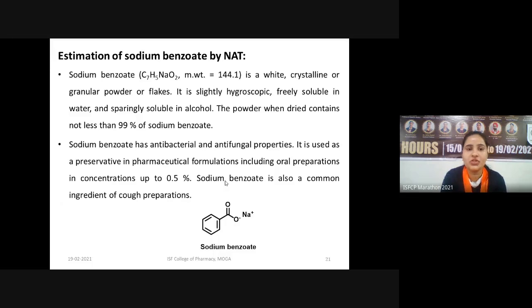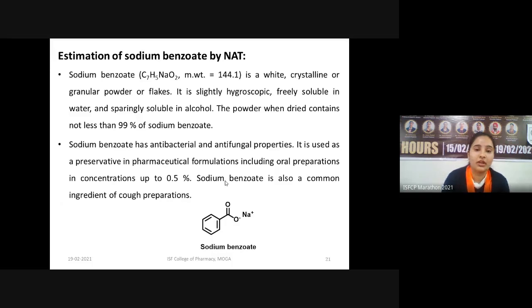So these are the properties of sodium benzoate: the molecular weight, the molecular formula. The color is white. It is in the crystalline or the granule form. It is slightly hygroscopic. It is moisture sensitive. It is freely soluble in water because of the presence of the carboxylate group, and it is sparingly soluble in alcohol because of the benzene ring.